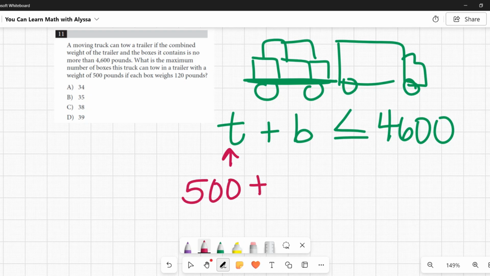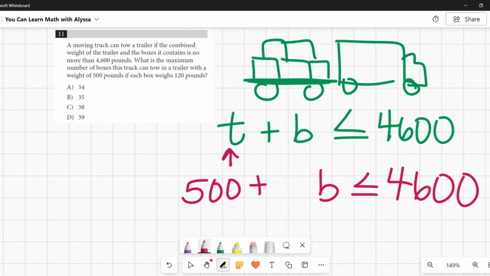And then I want to know how many boxes. Well, each box weighs 120 pounds, and altogether this has to be less than or equal to 4,600 pounds, and the trailer is 500 pounds. Well, how do I represent that each box is 120 pounds? If I had one box that weighed 120, this would be 120, right?